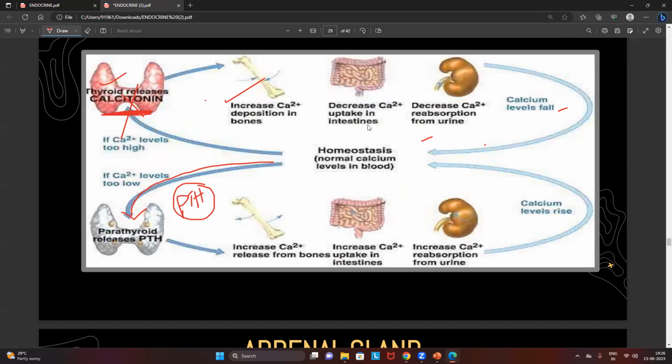Calcitonin increases the calcium deposition because we have excess calcium. Now, the parathyroid hormone is increasing the calcium release because we don't have calcium in the body. So whatever calcium we have stored in the bones has to be released into the blood. Then it reaches the tissues wherever required.